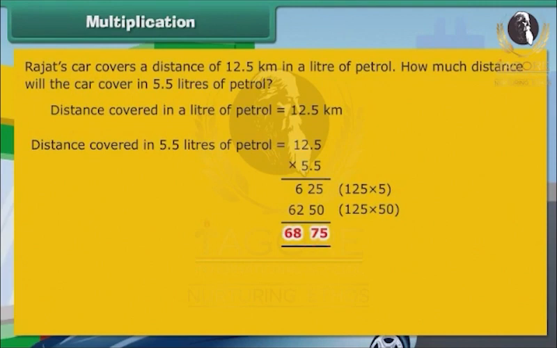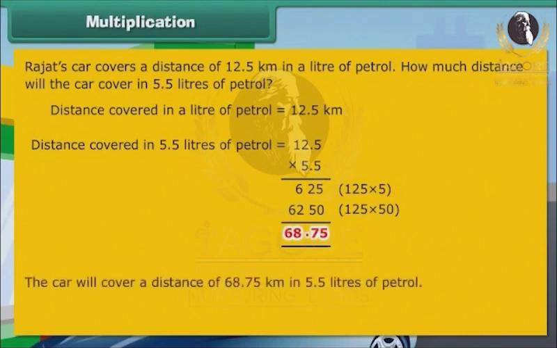As there are two digits after the decimal point, one in 12.5 and the other in 5.5, we count two digits from the right and place a decimal point before 7 in the result. Therefore, the car will cover a distance of 68.75 km in 5.5 liters of petrol.